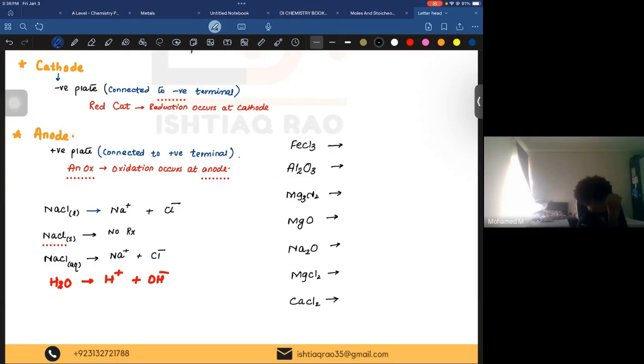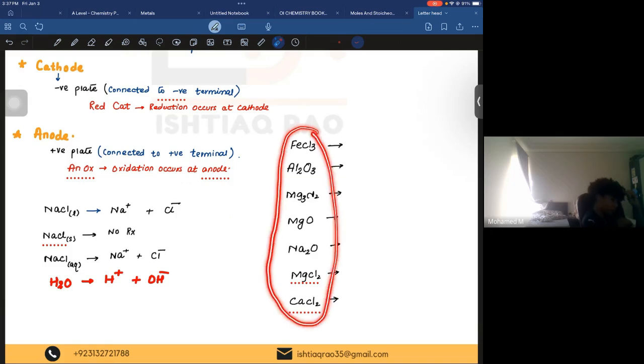Basically, you are supposed to tell me, I'm passing electricity through all these compounds, so what products would I get after providing electricity? This is the main question.